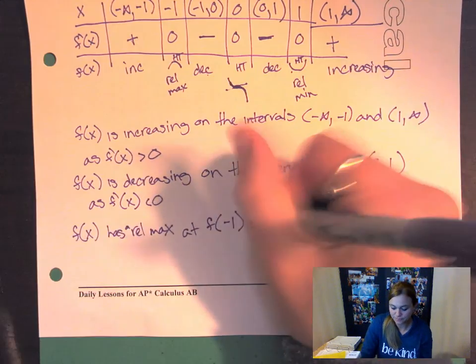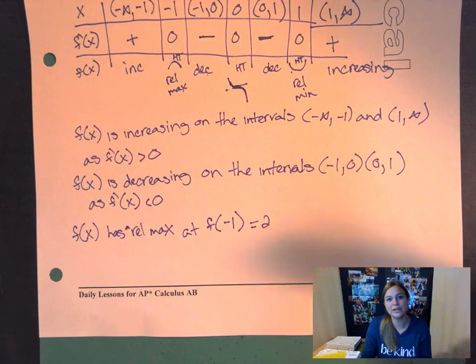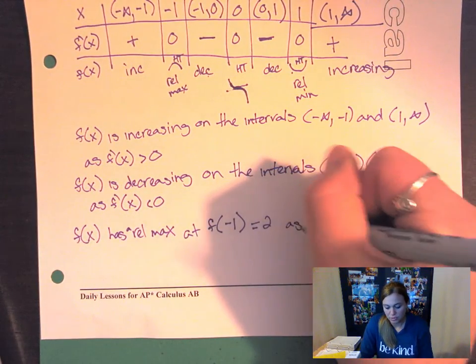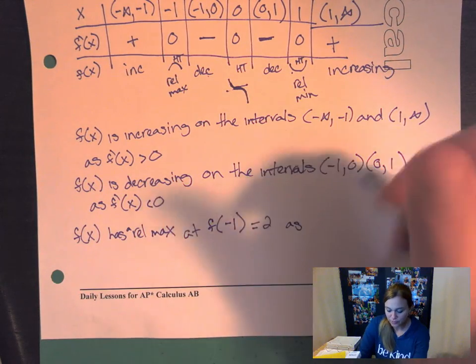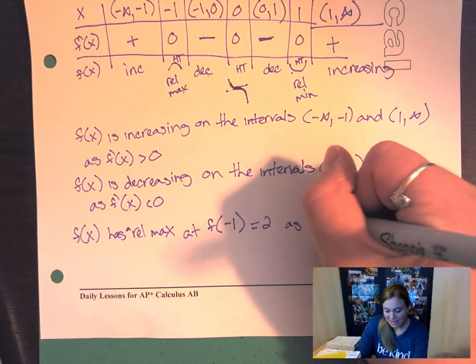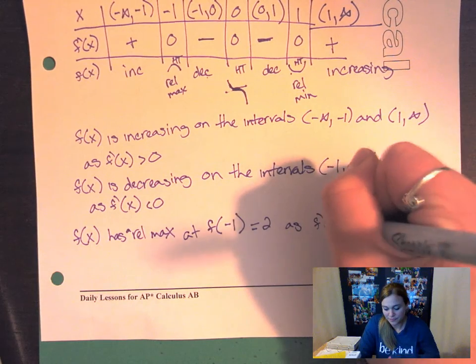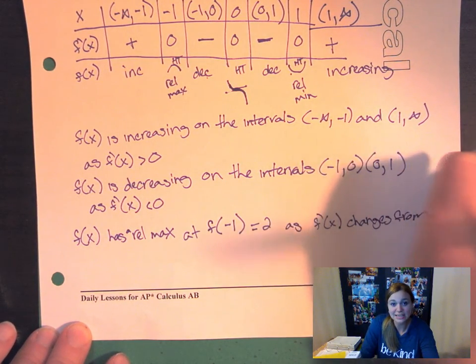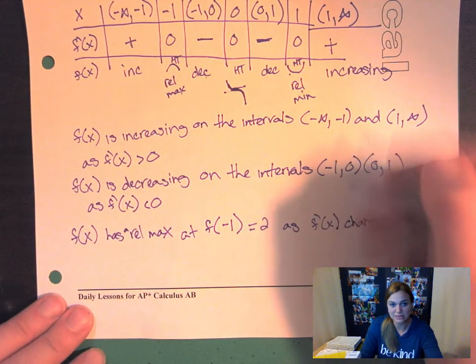And I get 2. So you could say at the point negative 1, 2, and write it with parentheses. And I'm going to say as f prime of x changes from positive to negative. Remember, you could have said because f of x changes from increasing to decreasing, because we already did this part.